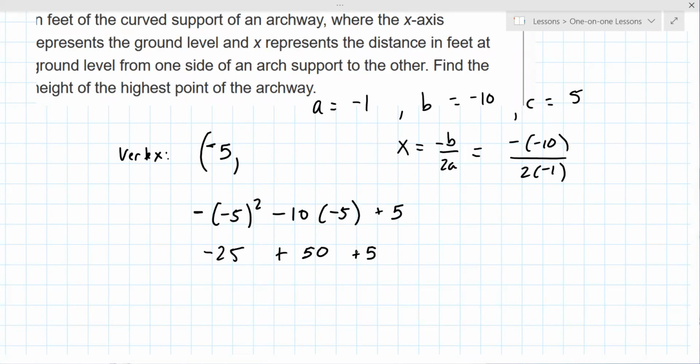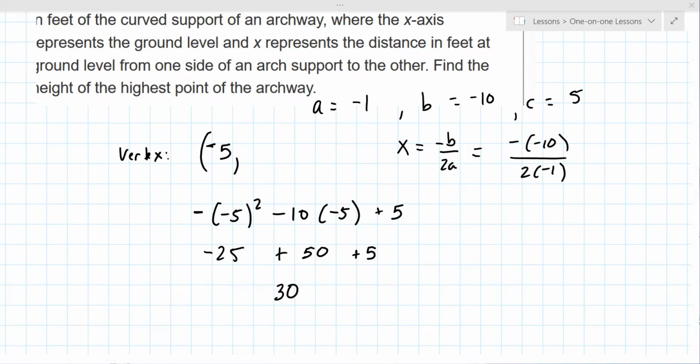I forgot that I have to use the exponent first. But what is the correct answer here? 30. Okay, I'm submitting that.